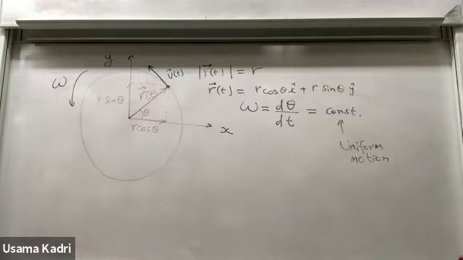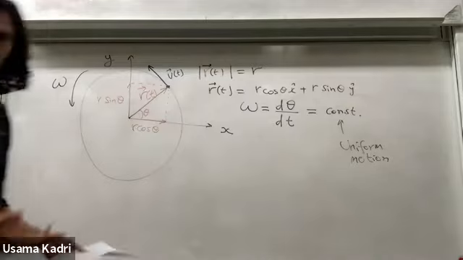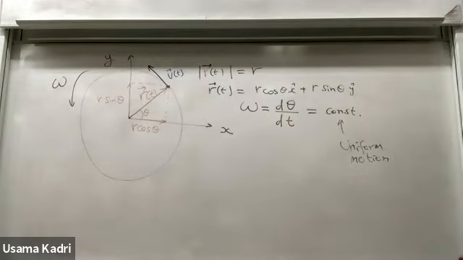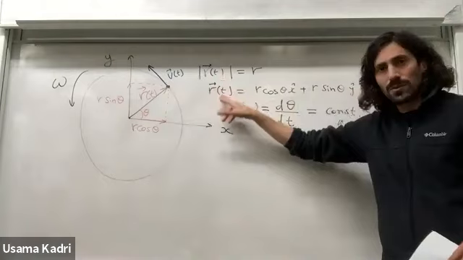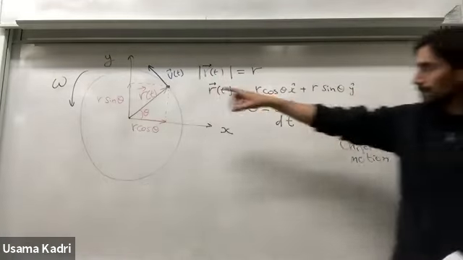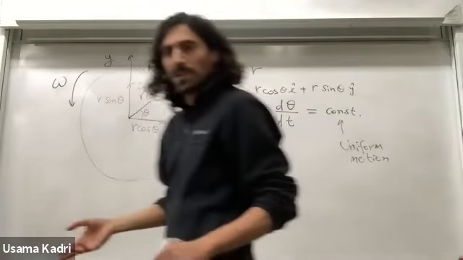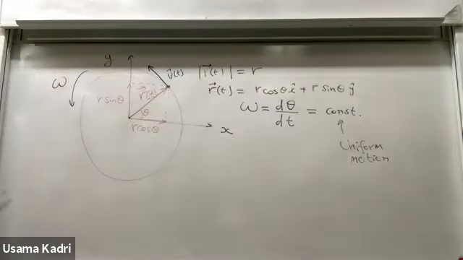Okay, we want to find the acceleration in the system, right? Remember the objective. Why are we doing this? We want to find the acceleration. To find the acceleration, if I know the position vector of this object, all I need to do is differentiate twice with respect to time, and I will be able to find the acceleration.